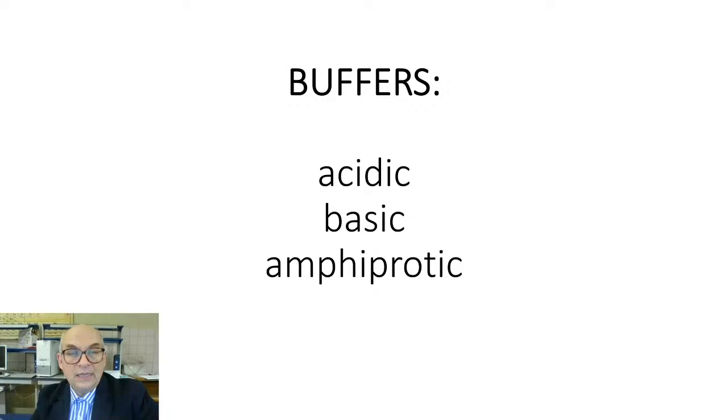Now, let's consider a basic buffer. What is a basic buffer? A basic buffer must consist of a reversible acid-base conjugated pair. But in this case, we must mix a weak base plus the cation of this base.